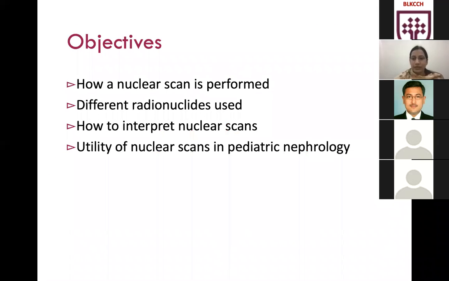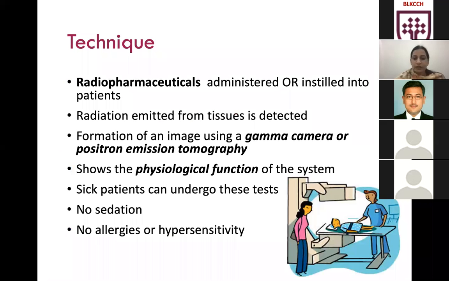So through this presentation, I would be discussing the basic principle and procedure of a nuclear scan, the different radionuclides used, how to interpret them, and what the applications are in pediatric nephrology. So basically, the radiopharmaceutical is either administered intravenously or instilled into the bladder, like for DRCG.